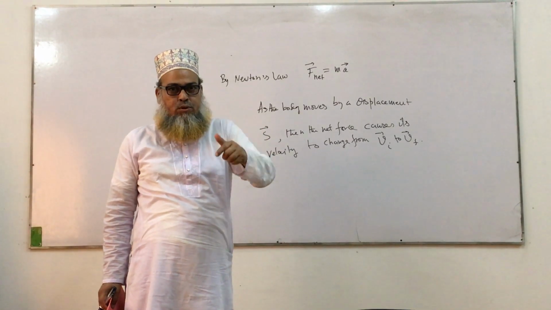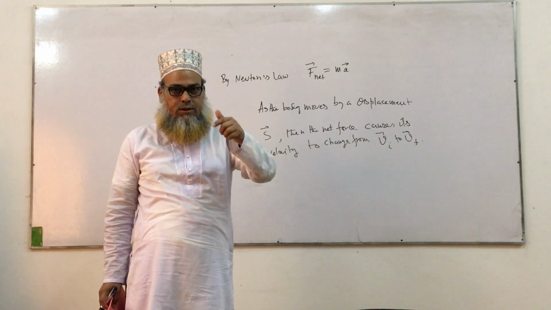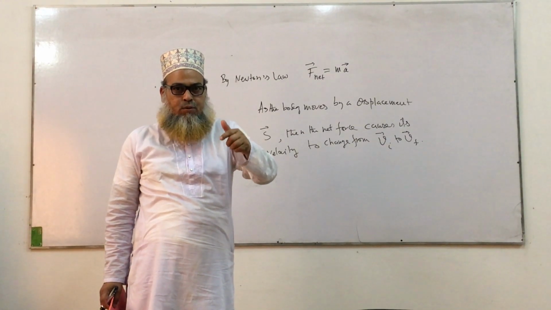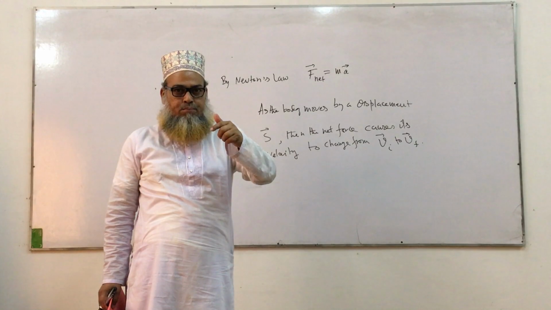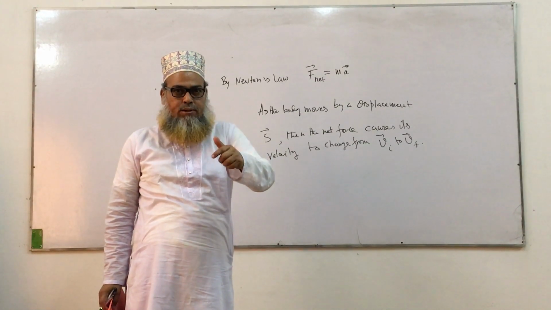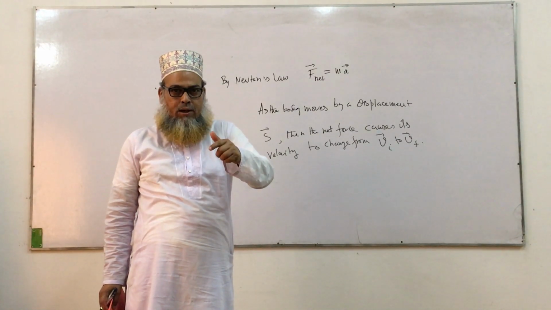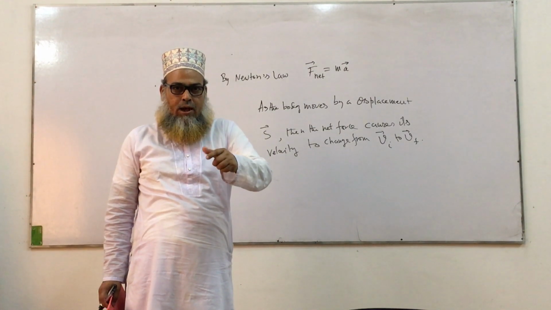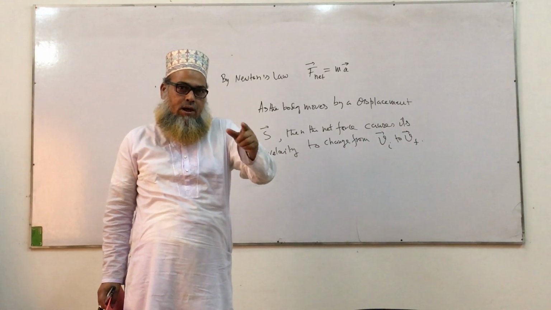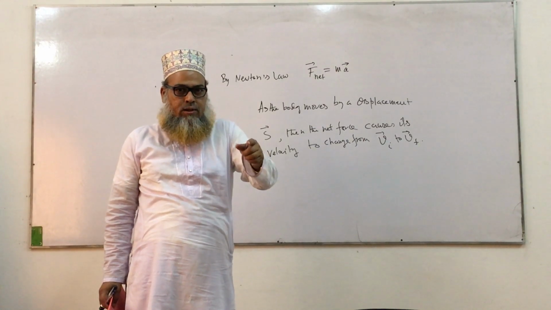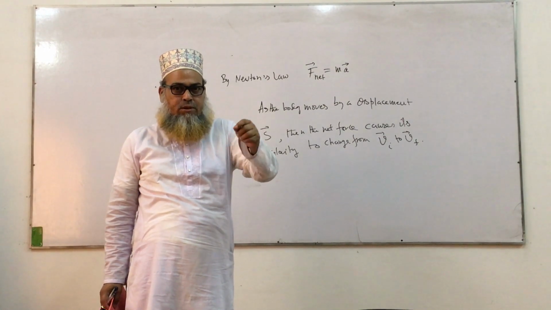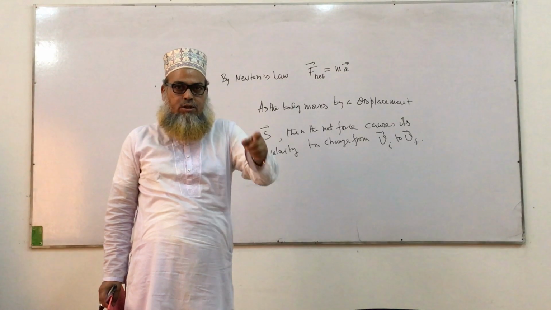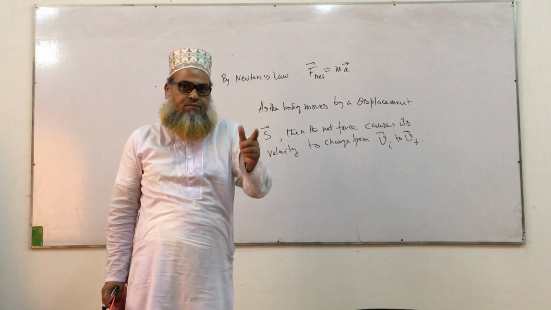Say we take that the force begins at a particular moment, and in that moment the velocity is Vi, and for some time the force remains to act and stops at a particular moment. The final velocity will be Vf.